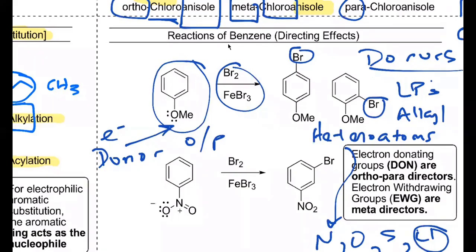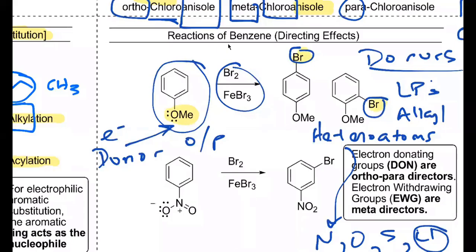Right, so we look at the reaction, we see that the methoxy group is a heteroatom. Oxygen is a heteroatom. It's got lone pairs that it can donate into the ring, and so the outcome of the reaction is already fixed. We know that bromine is going to go to the para position and to the ortho position.